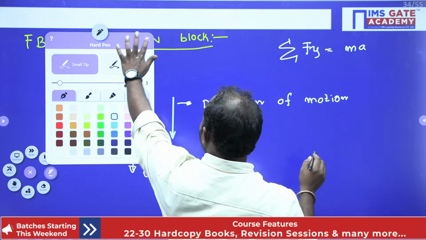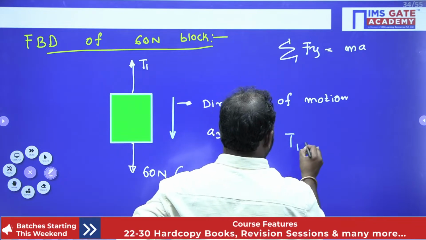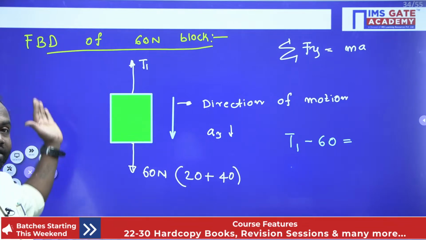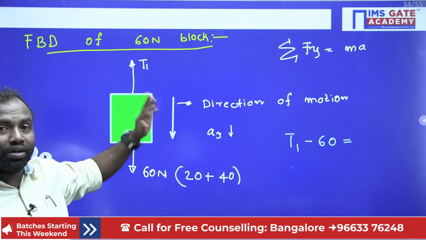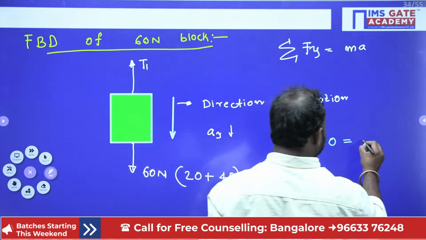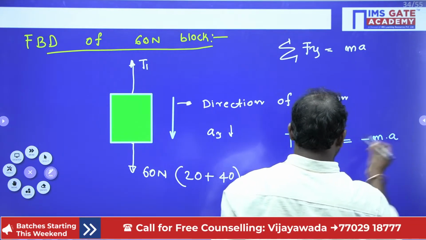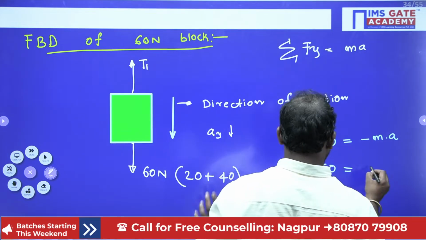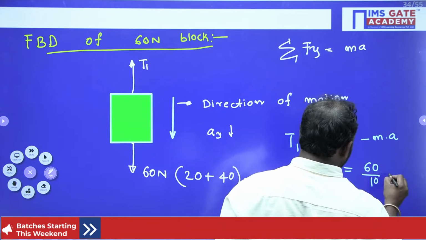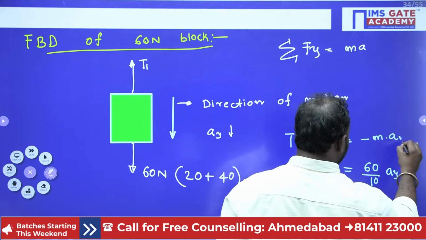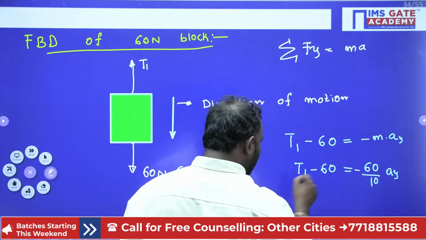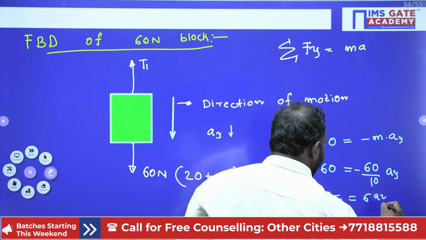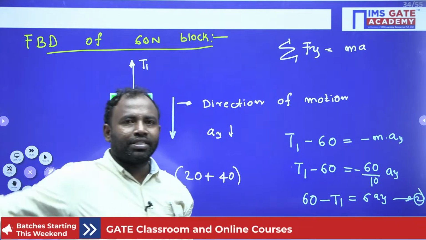Upward direction is T1, minus 60, is equal to, the acceleration is acting downward here, right? So you need to take it as minus A. Now m into A. So T1 minus 60 is equal to 60 by 10 into Ay. Now here it is minus. If I want to change the minus, then it is going to be 60 minus T1 is equal to 6 Ay. Say it is equation number 2.